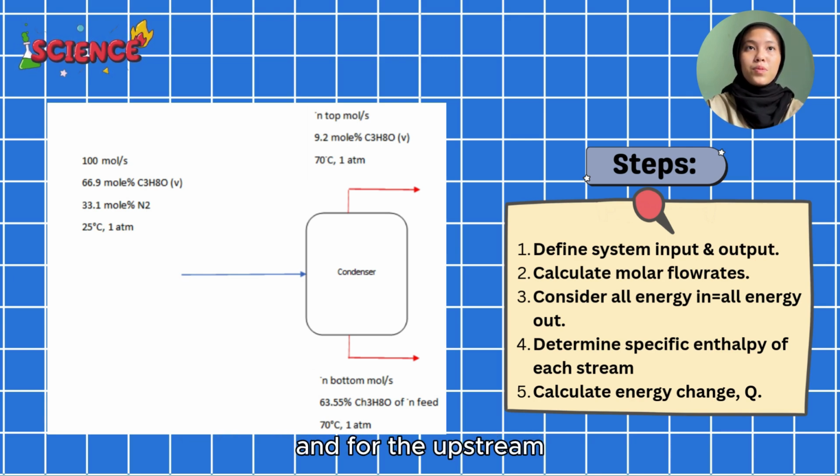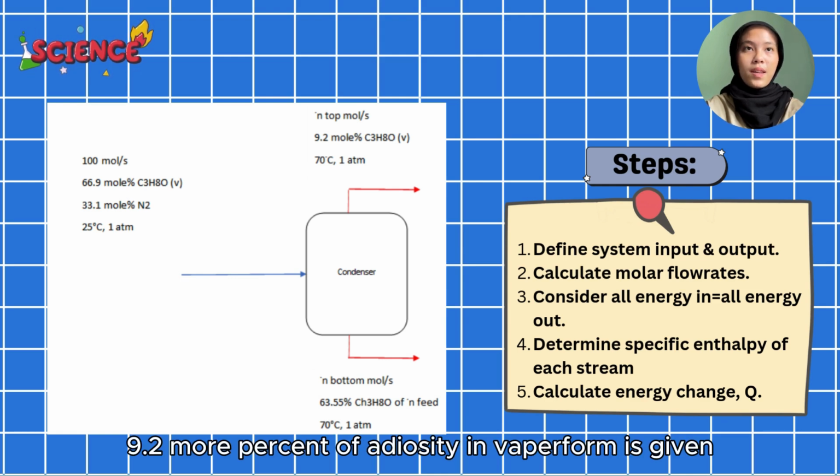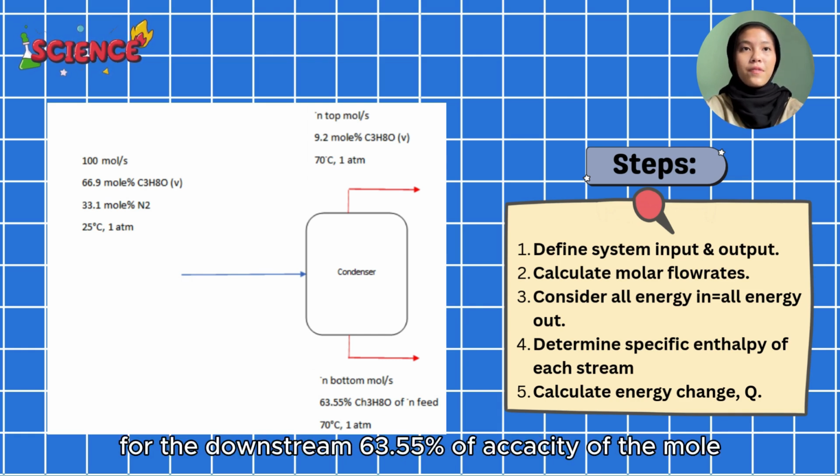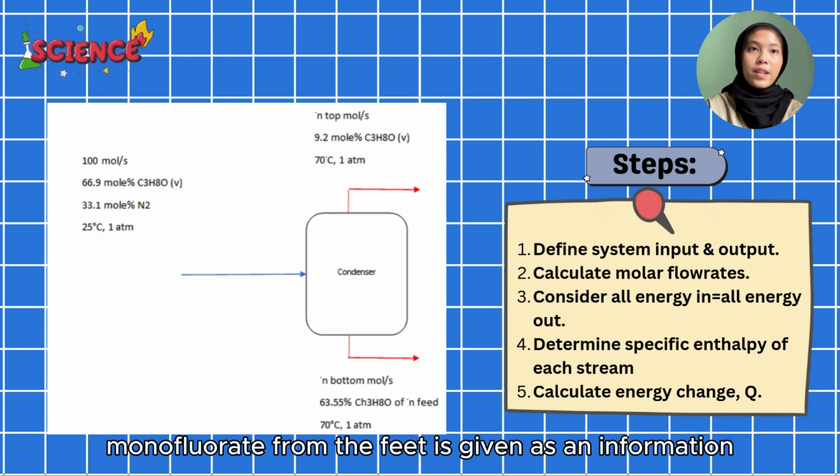For the upstream, 9.2 mole percent of ethyl acetate in vapor form is given, with 70 degrees Celsius and 1 atm as the reference state. For the downstream, 63.55% of ethyl acetate of the molar flow rate from the feed is given as information.